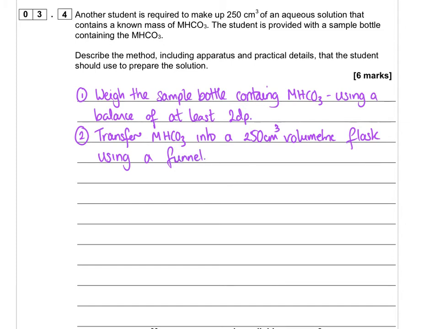Now there might be some of that metal carbonate left in the weighing bottle. So what we'd want to do is to reweigh the empty weighing bottle.